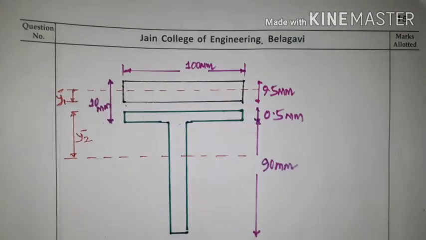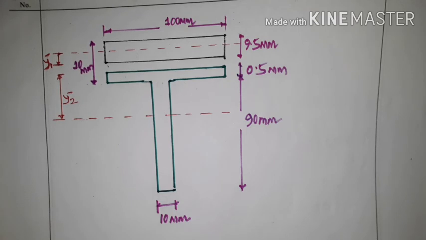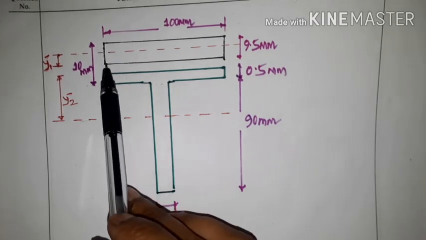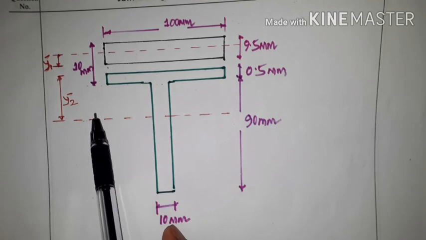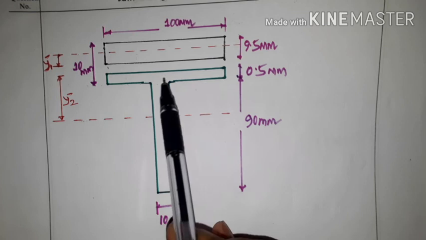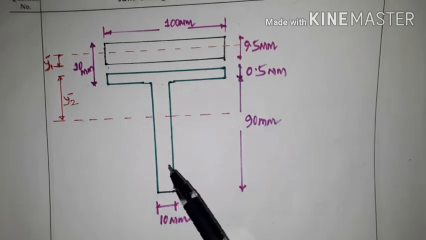Okay. So here, according to the equal area axis, we have divided the cross section into two parts. You can see this part in black color is the upper part, the part above the equal area axis, and this green color is the part below the equal area axis.